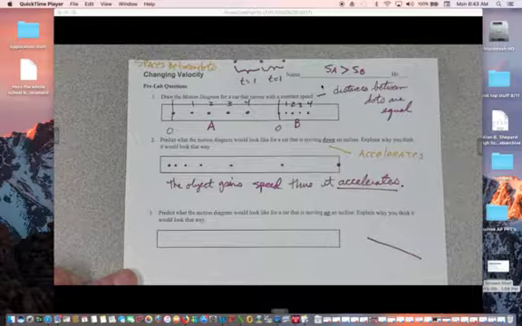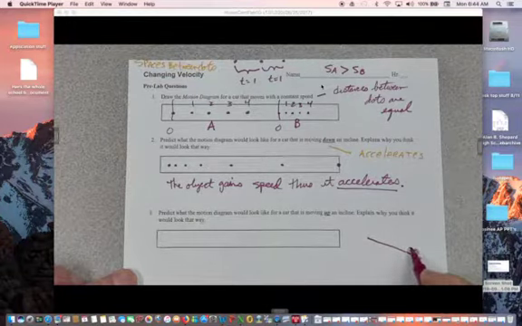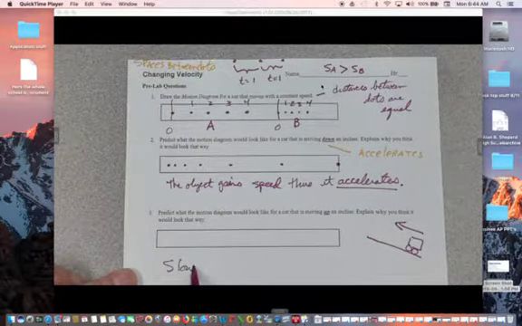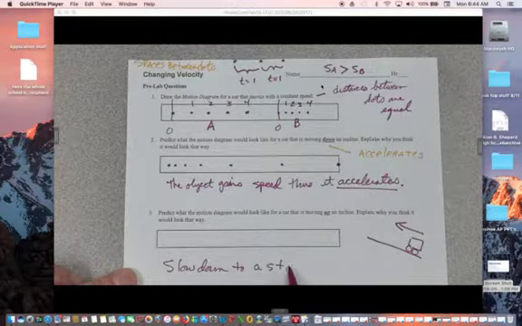Yes, you over there, you in the green shirt. Okay. Yes, you're right. For an object moving up an incline, it's going to slow down to a stop.